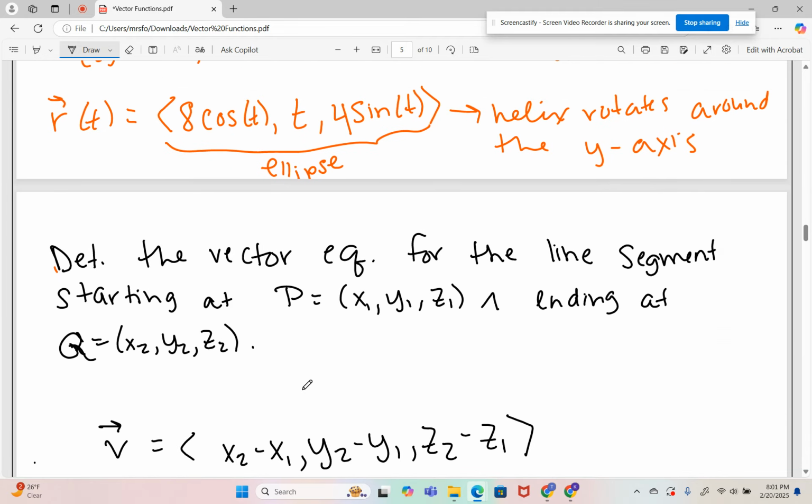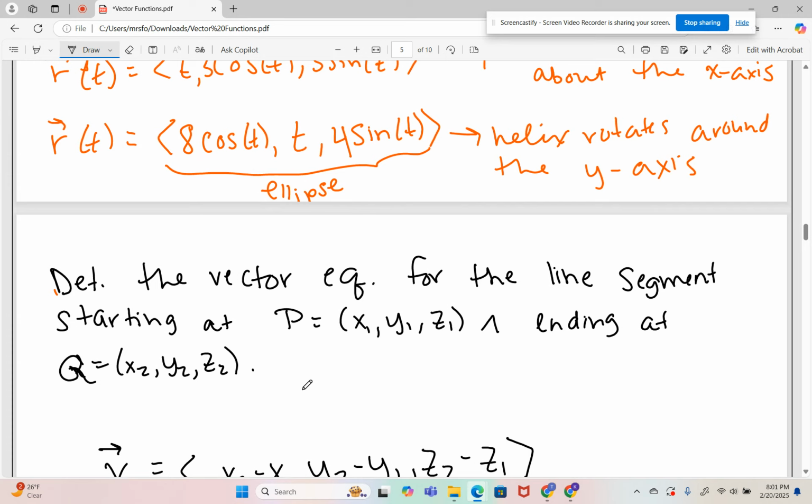All right. So now we want to determine the vector equation for the line segment starting at point P and ending at point Q. So P can be x1, y1, z1, and Q, x2, y2, z2.